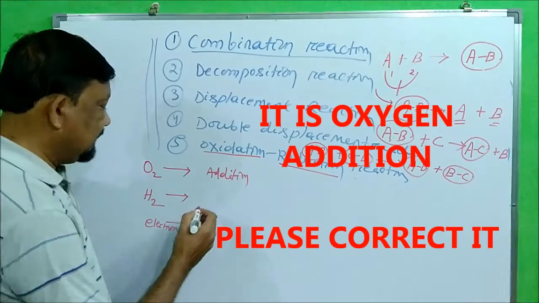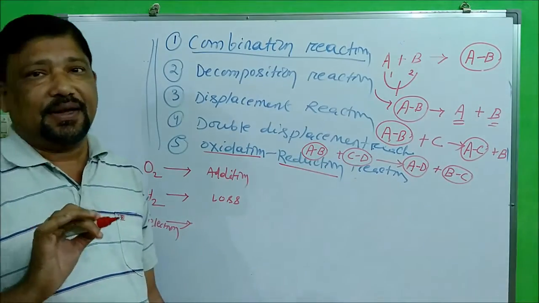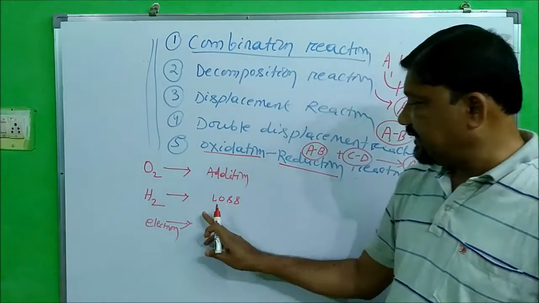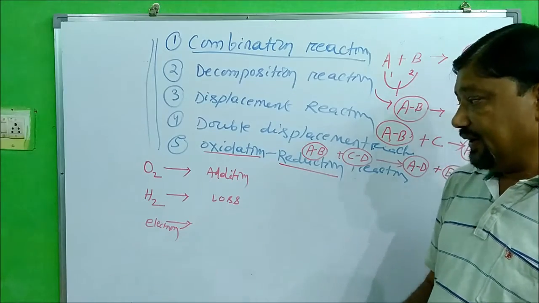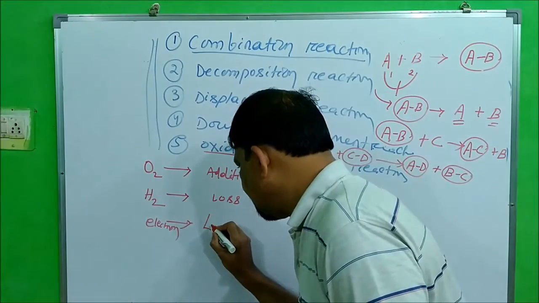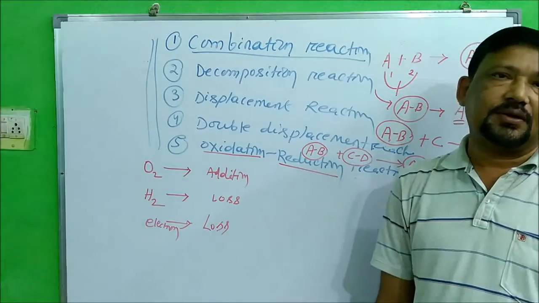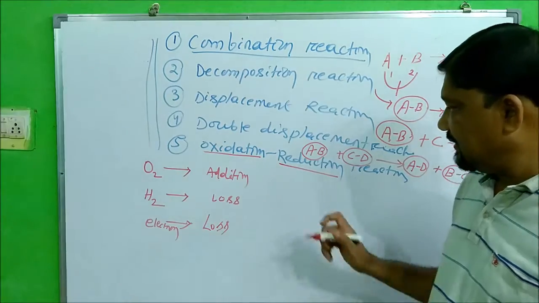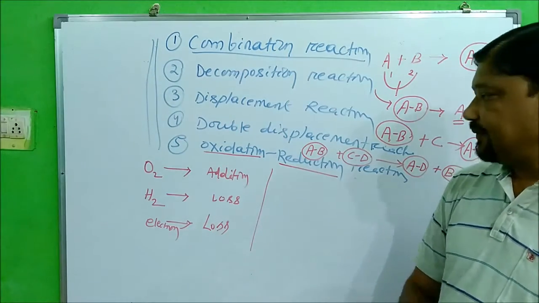Right? If there is a loss of hydrogen in the reaction, it is called oxidation reaction. Or if there is a loss of electron, it is also called oxidation reaction. So what is reduction? In case of reduction, just reverse is true.